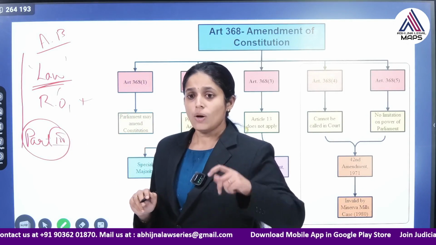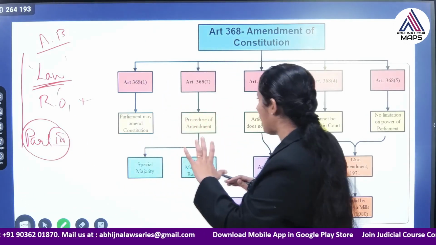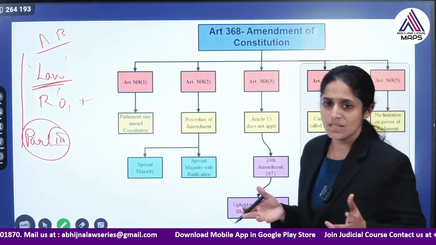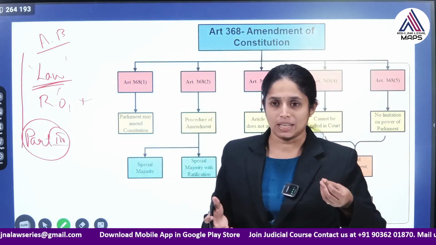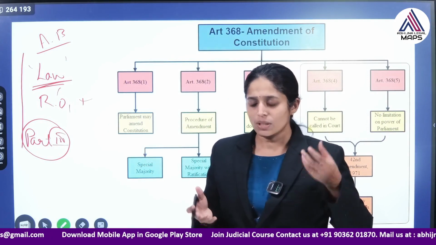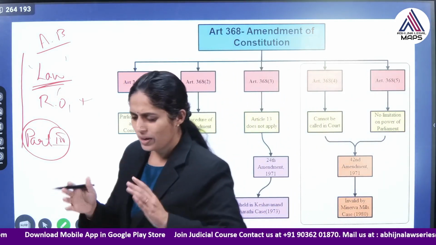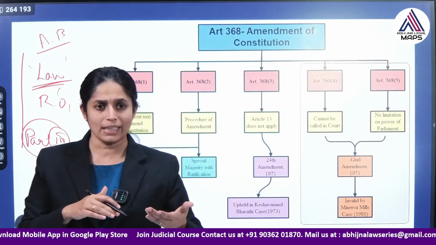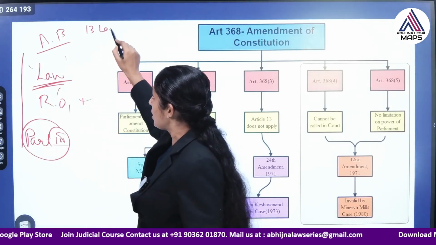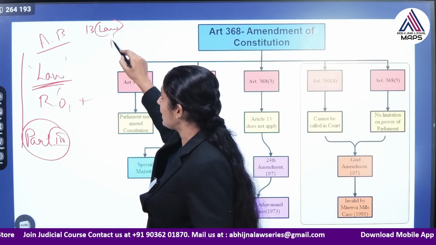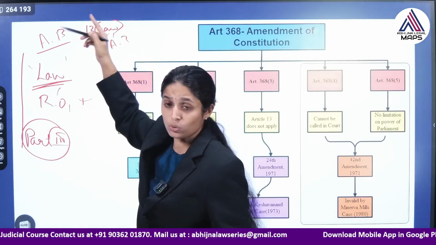Okay. Sometimes there were different interpretations. There were the Sajjan Singh, Shankari Prasad and Golaknath cases. Different cases sometimes said that in the definition of law under Article 13, a constitutional amendment under Article 368 is also included.